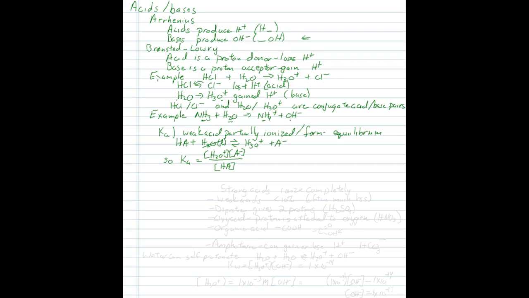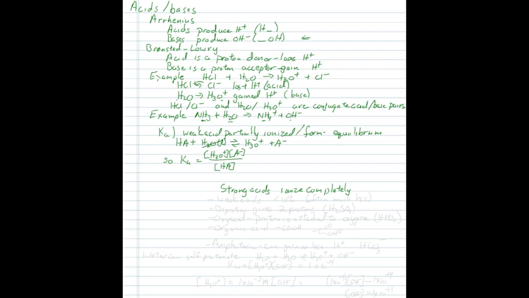Some definitions and information that you need to know. Strong acids, again, ionize completely. There are 4 strong acids: HCl, H2SO4, HNO3, and HClO4.